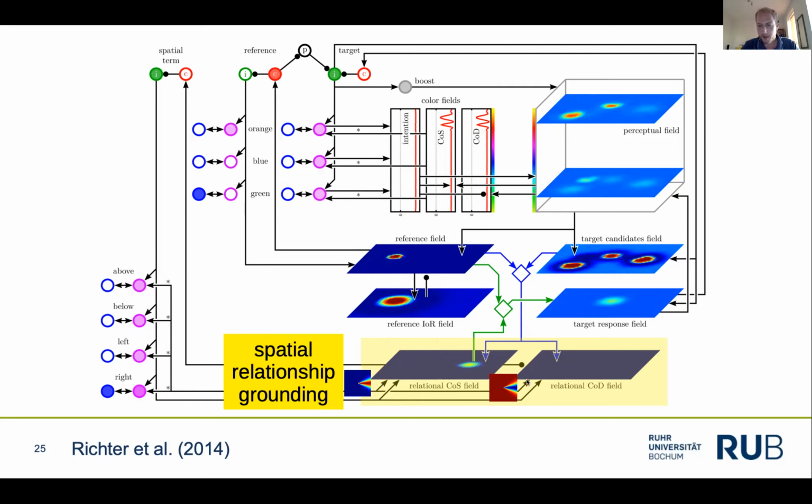What's new here is that we also introduce a relational condition of dissatisfaction field, which serves the purpose of detecting if no target candidate exists that stands in the given spatial relation to the reference object. This can be detected by again projecting the relative locations of the target candidates into this field.